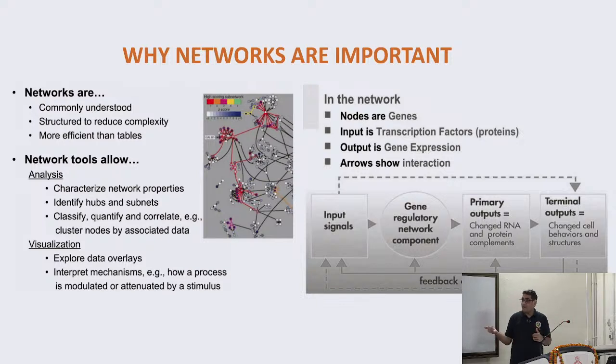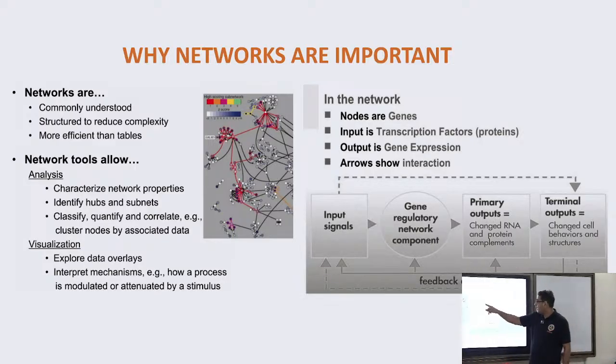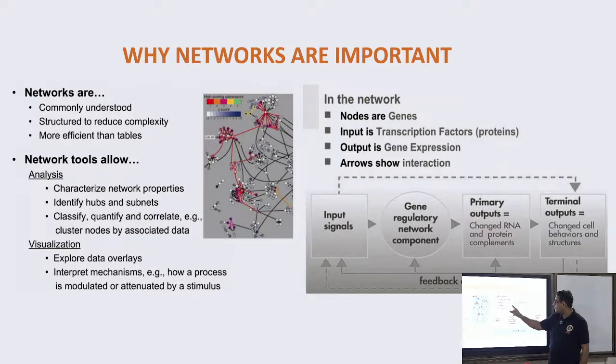In the same way you have to identify, classify, correlate these areas, then visualize, explore data overlays, how they are overlaying each other, and interpret the mechanism, how a process is modulated or attenuated by a stimulus. Then you can see here in the networks, nodes are genes, input is transcription factor, output is gene expression, arrows show the interaction.